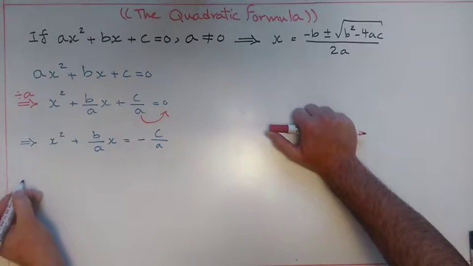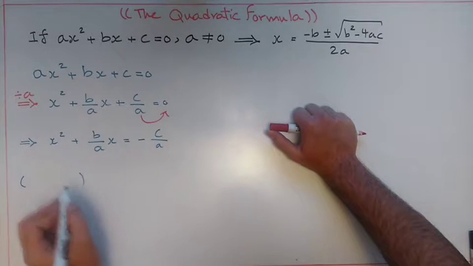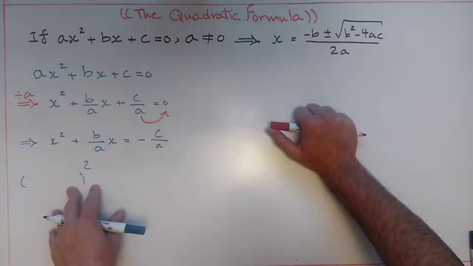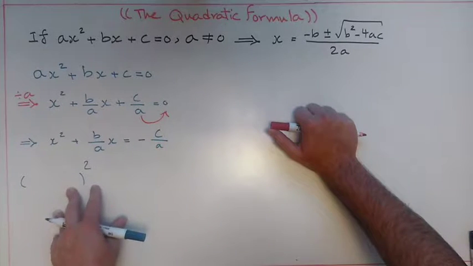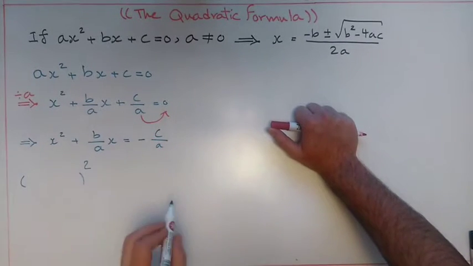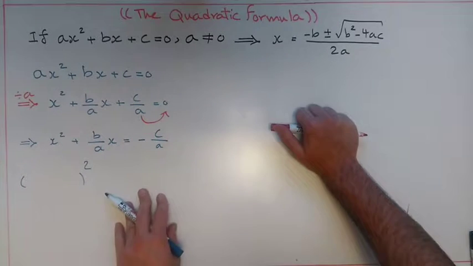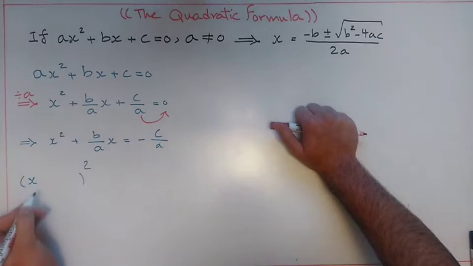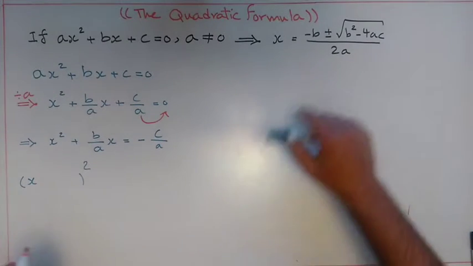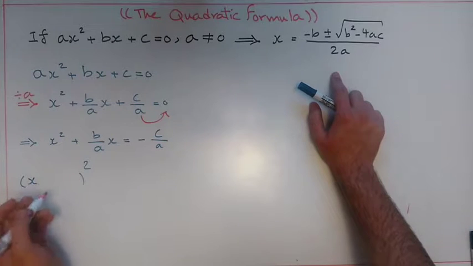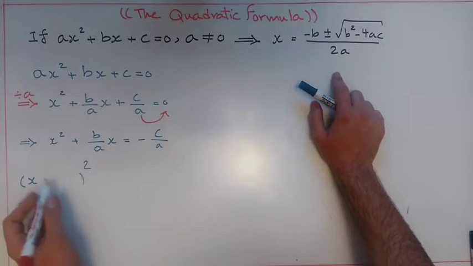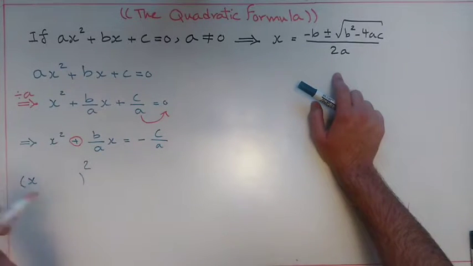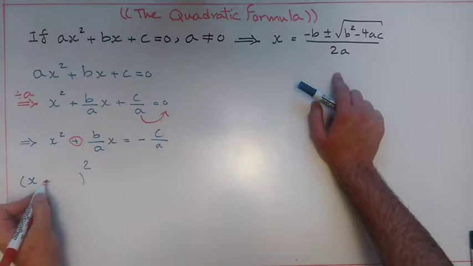Now I need a phrase in brackets, squared, and I want it to equal x squared plus b over a times x. So obviously one of the terms is going to be x. I want to know whether it's going to be an addition or subtraction. We have a plus sign in here, so it is an addition.